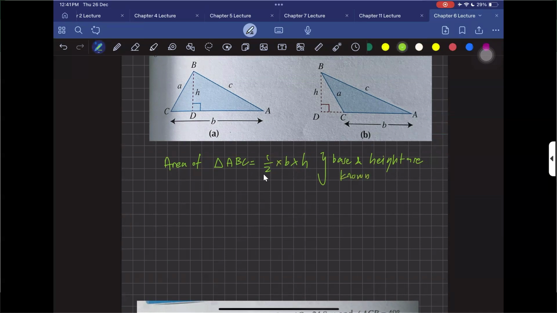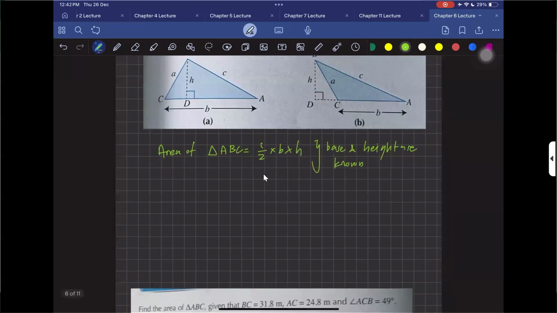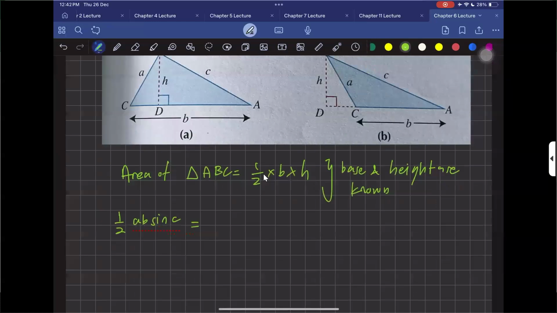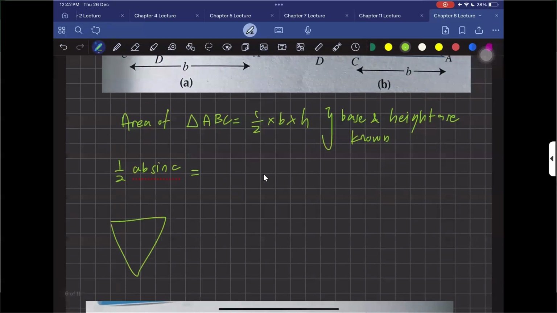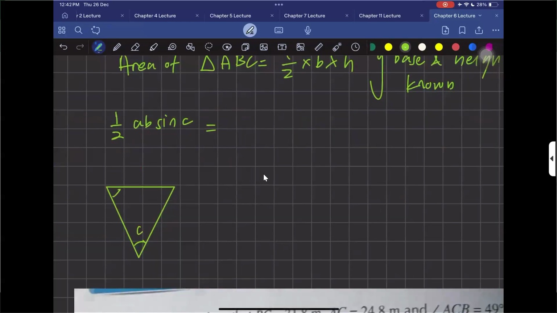But given a scenario where you are unable to find the base and height, especially the height, then you can also use this formula, which is known as half AB sine C. So let's say you have this triangle, and your angle C corresponds to your side C, your angle A corresponds to your side A, and so on.